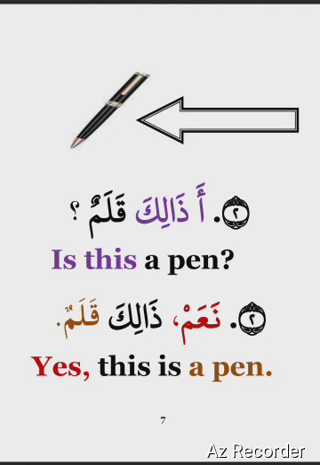So how do you say is that a pen in Arabic? You start with A for asking question. أذلك قلم؟ You prolong your ذا. أذلك قلم؟ Is that a pen? Now the response, نعم, yes. ذلك قلم.